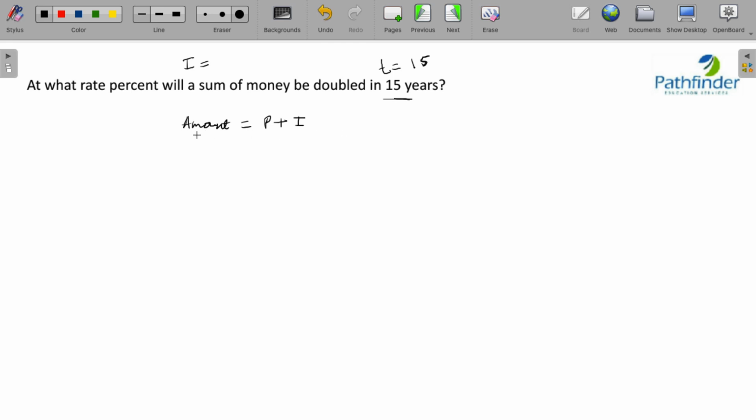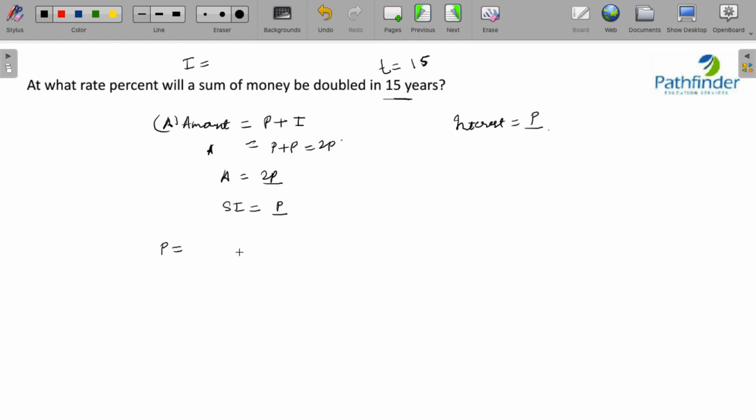And if the amount is twice the original principal, it means that the interest earned must be equal to principal itself. So your amount A becomes P plus P, that is 2P. So when the sum doubles, your amount will become 2P. And which means your simple interest is P itself.